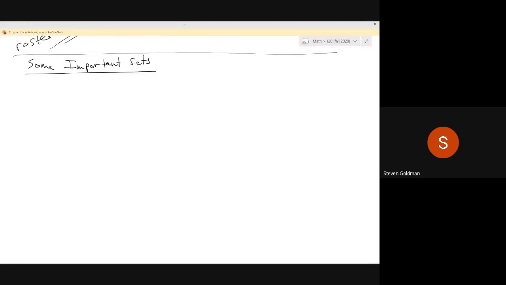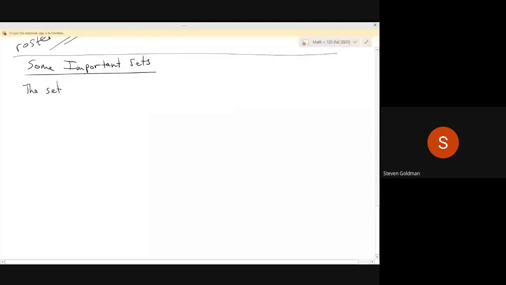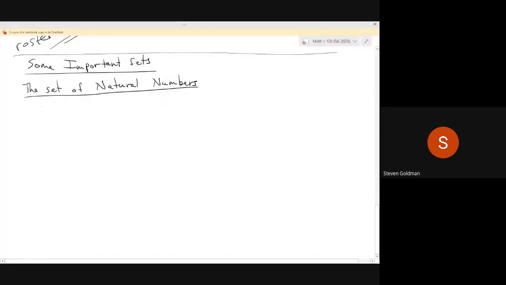The first set is known as the set of natural numbers. It's denoted with a bold N. But whenever we write it, we can't write in bold, so usually I'll just put a double line there by the N. This N here represents the set of natural numbers.